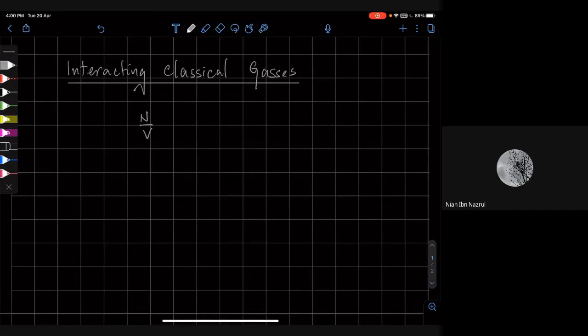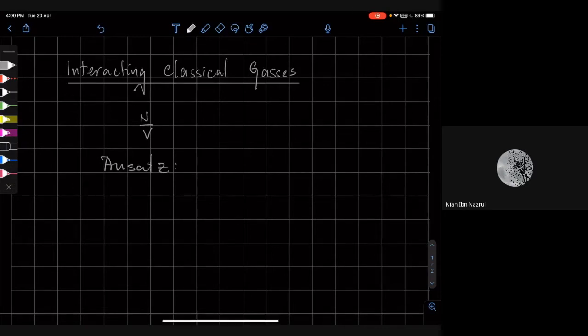So n over v is a small number. So we want to, in suitable units, expand our expression for pressure as a power series in n over v. So we want to take an ansatz.